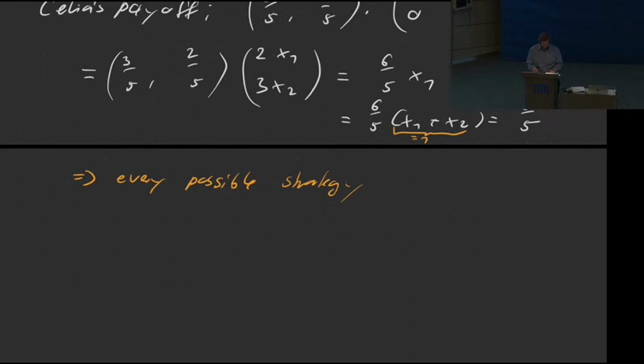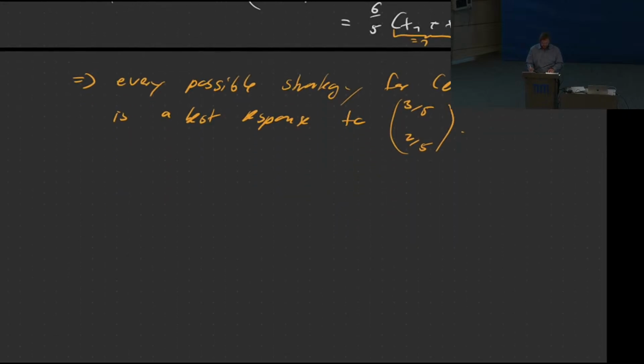So every possible strategy for Celia. Here's the best response: 3/5, 2/5. Well, in particular, that means this pair of strategies.